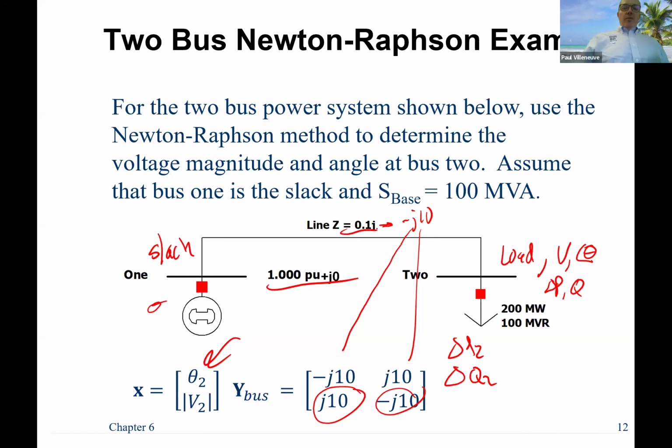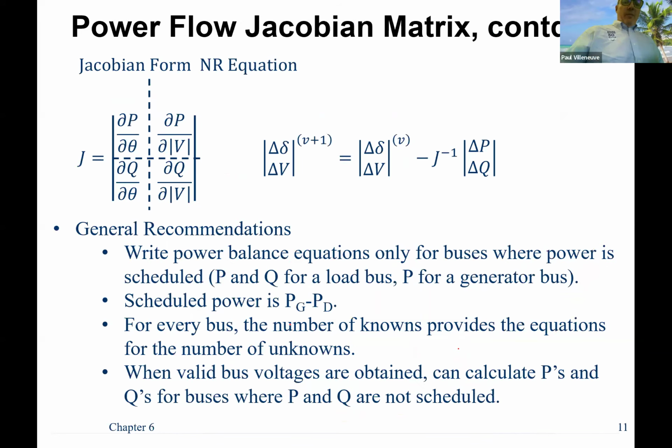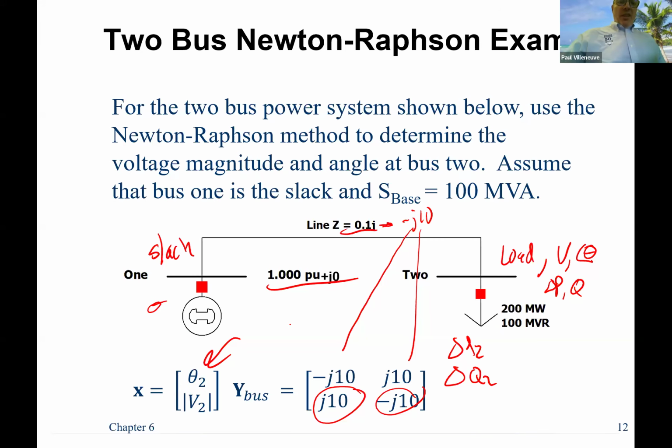So if you're confused, you can say your Y bus is 0 minus J10. G11 is 0, which is great because there are no G terms in the Y bus.